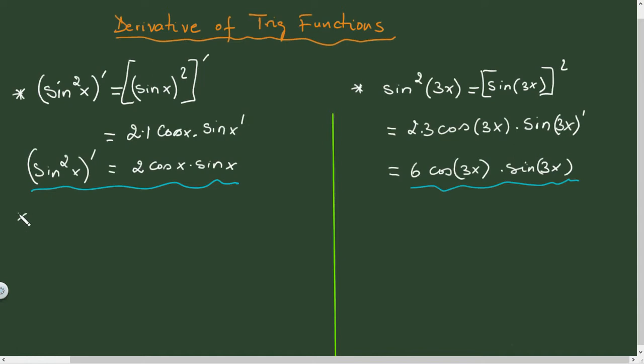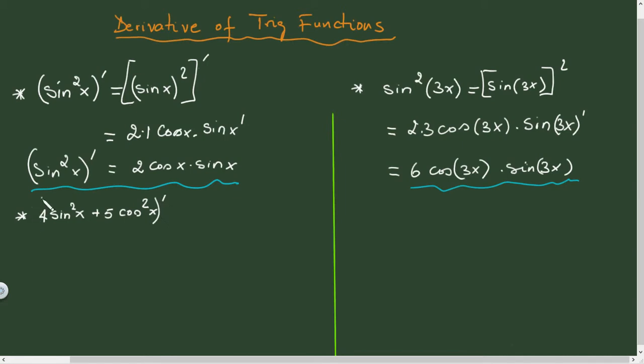So another example: 4 sine to the 2 of x, plus 5 cosine to the 2 of x. We want to find the derivative of that one.